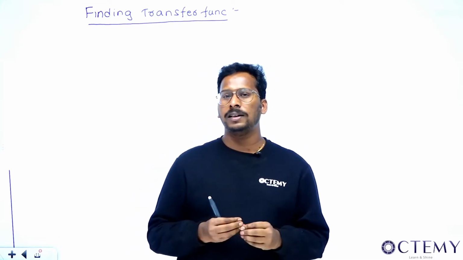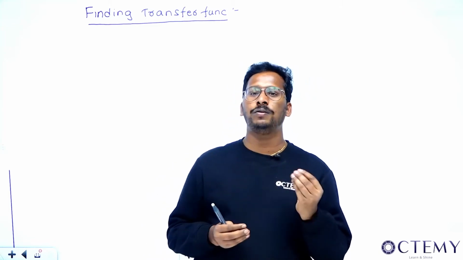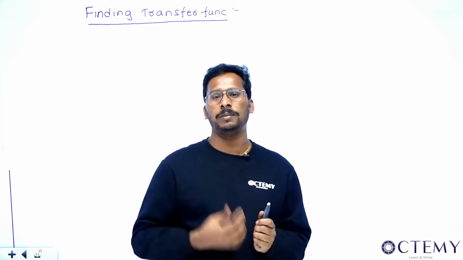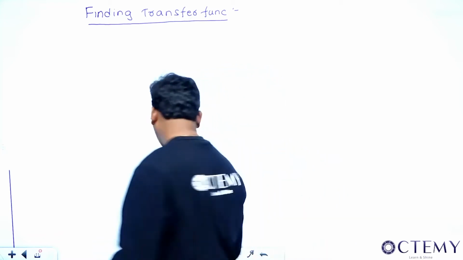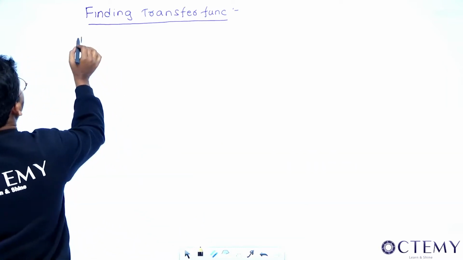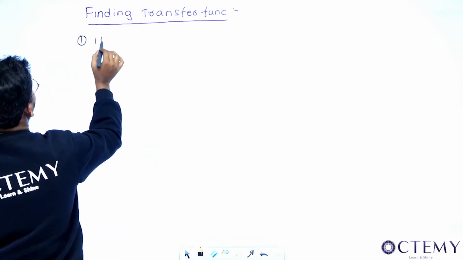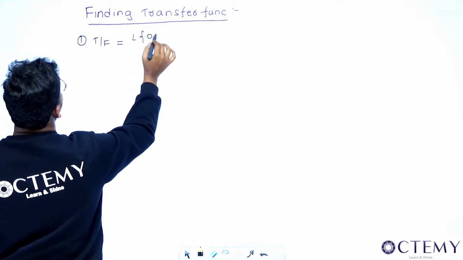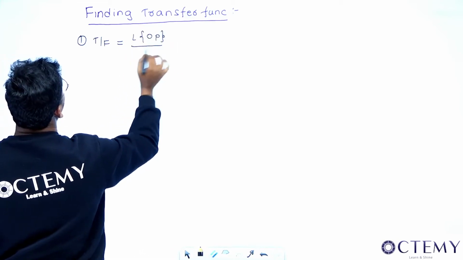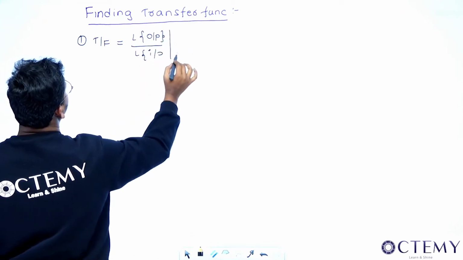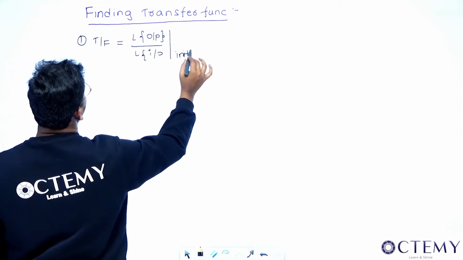Now in this class, we will see how to find the transfer function of a given system, or in how many ways it can be found. So we know what is transfer function. Transfer function is simply Laplace of the output divided by Laplace of the input, by keeping initial conditions equal to 0.